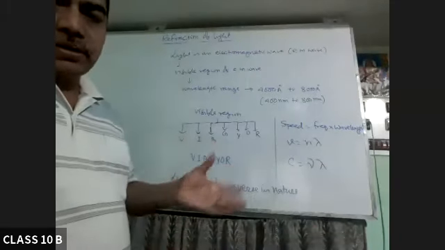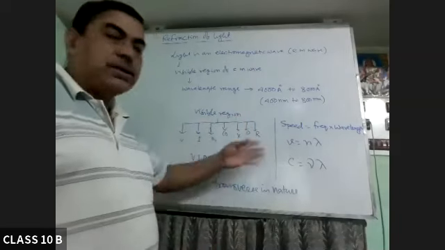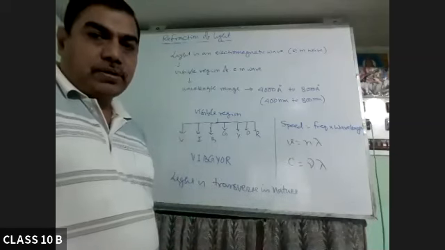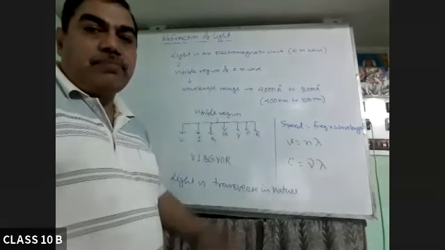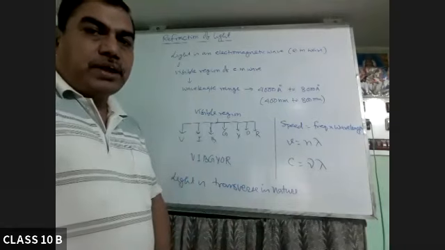But there is no comparison between sound and light. Sound is completely different. Sound we call an elastic wave because it requires a material medium for its propagation. Whereas light we call an electromagnetic wave. It does not require any medium. It can travel through vacuum also.